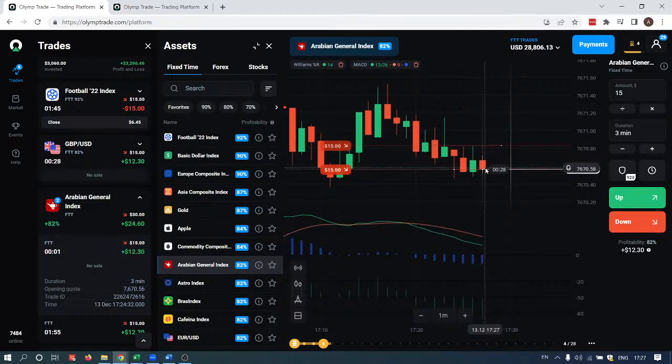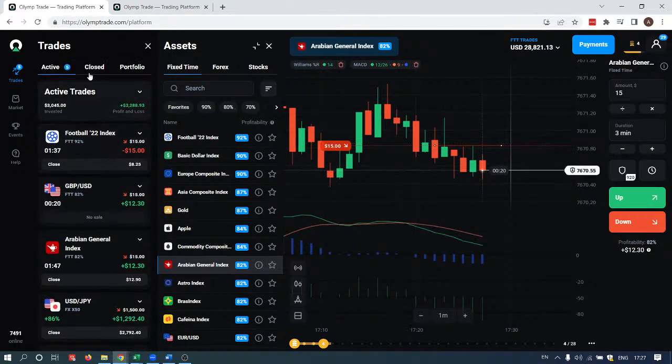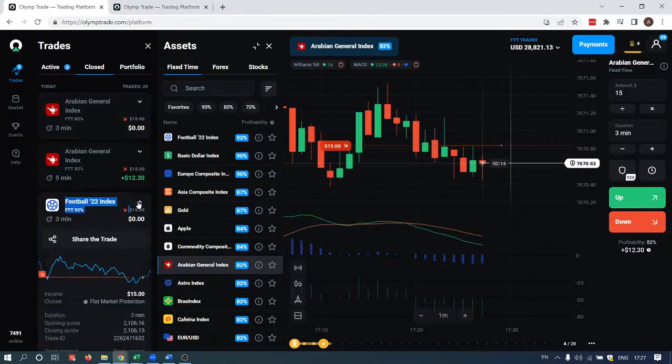Okay, result 0. This is a sign of flat market protection. Let me explain how it all works. I've just had like 2 trades like that.